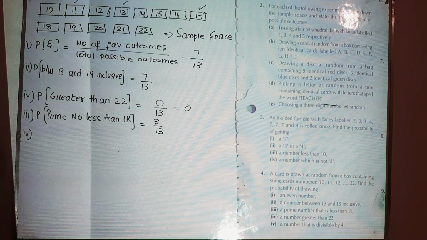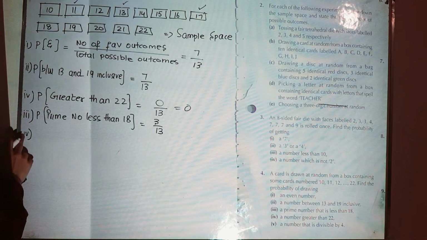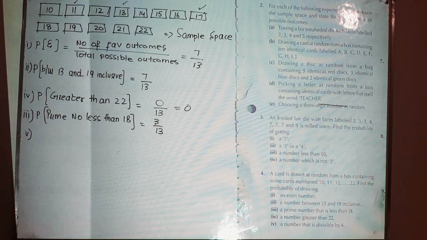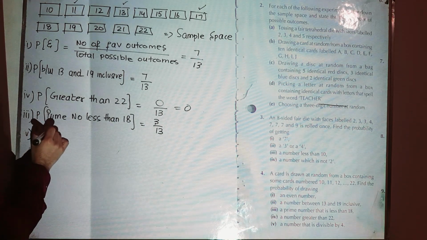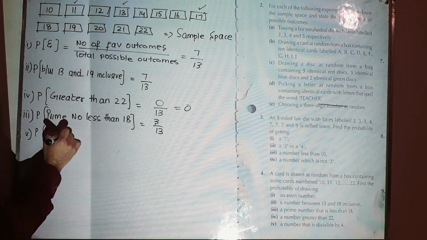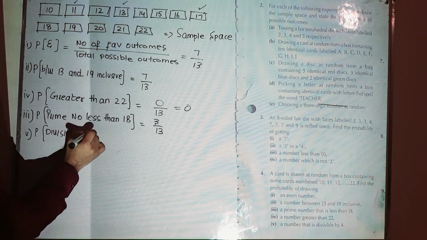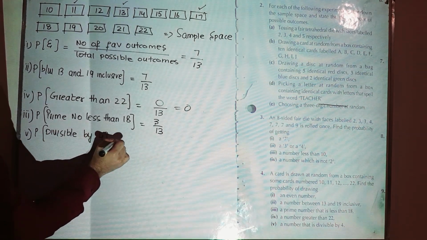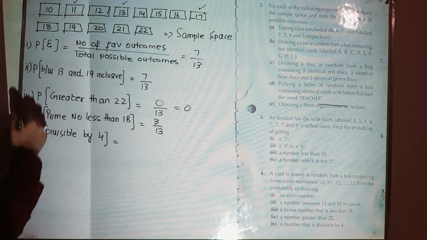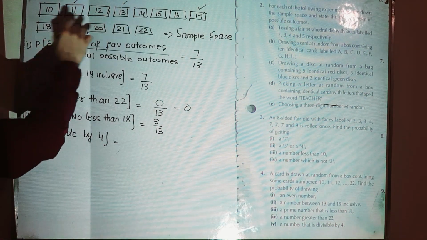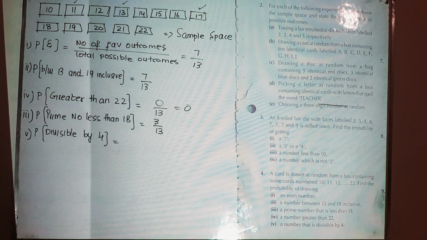Part number 4, a number greater than 22, we have solved it. Part number 5, a number that is divisible by 4. Probability of having a number divisible by 4. From all these numbers, that is the sample space, look for numbers which are divisible by 4.